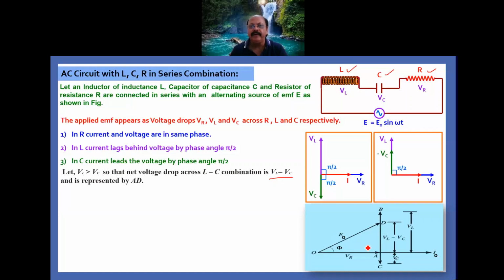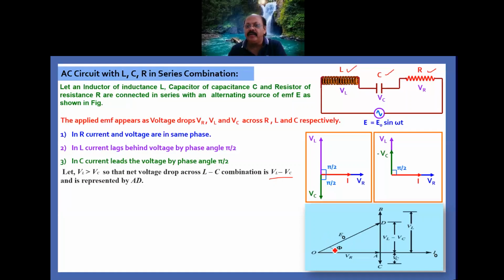So we have to find out the impedance in the LCR series circuit. Impedance is basically the total effective resistance produced in the LCR series circuit. We have to calculate it in terms of the resistance, inductive reactance and capacitive reactance. So we use the impedance triangle and apply the Pythagoras theorem.